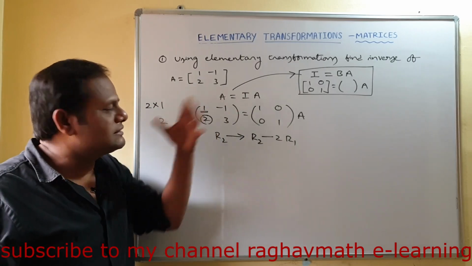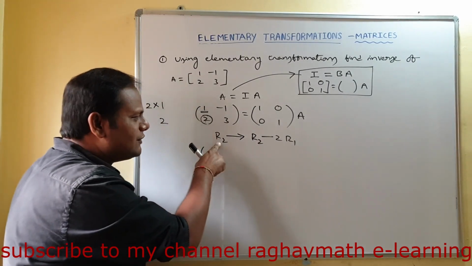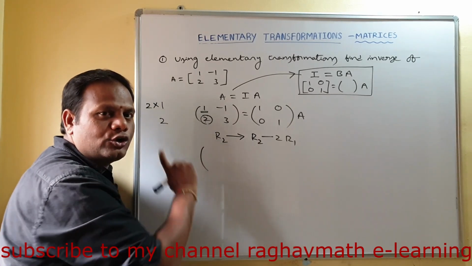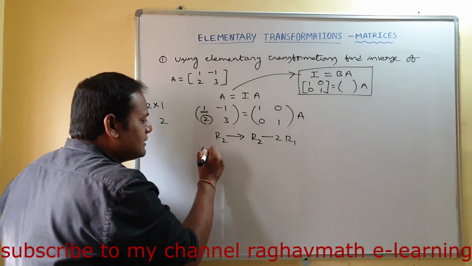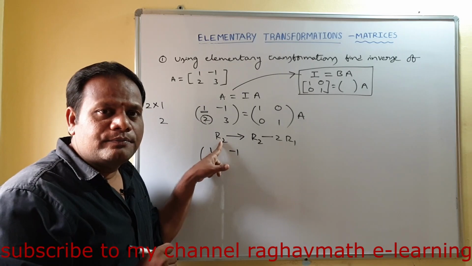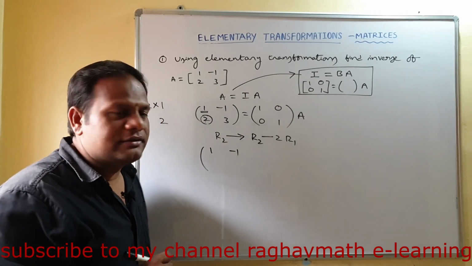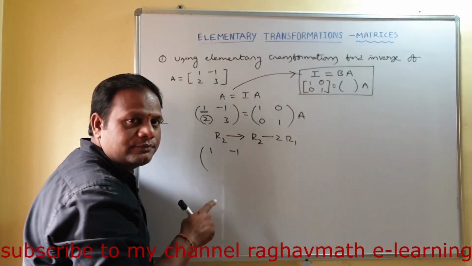So we apply this operation on both sides. What happens? You see, on the left-hand side we have taken R2, so no change in R1. Take R1 as it is, that is 1 minus 1. R2 is affected. How is R2 affected? Second row minus 2 into first row.